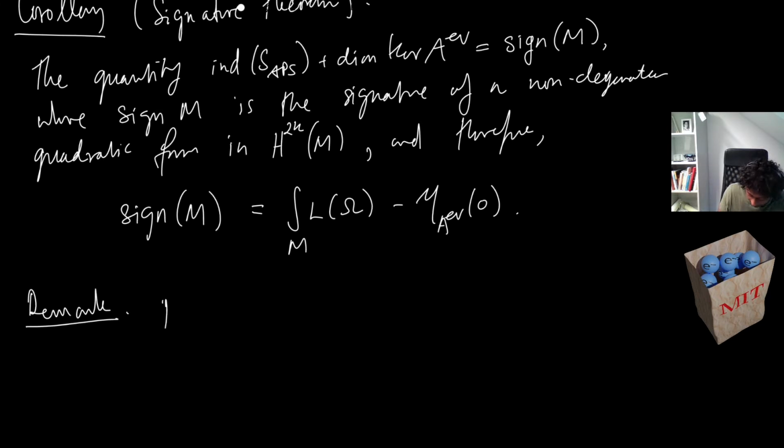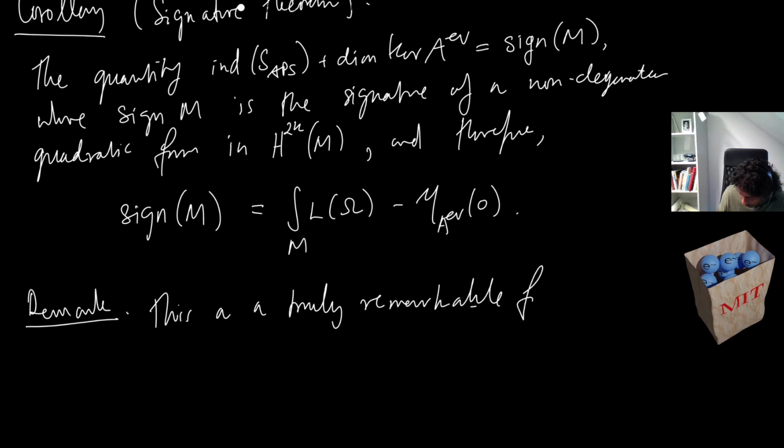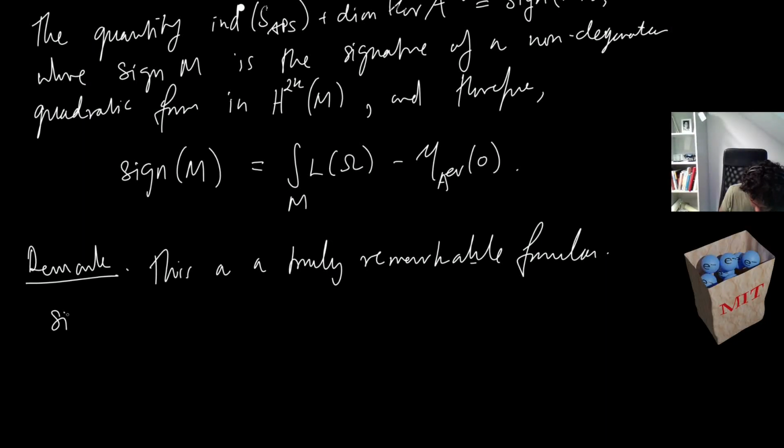So this is a truly remarkable formula. No pun intended with remark and remarkable. So the signature of M, so this is a topological invariant.